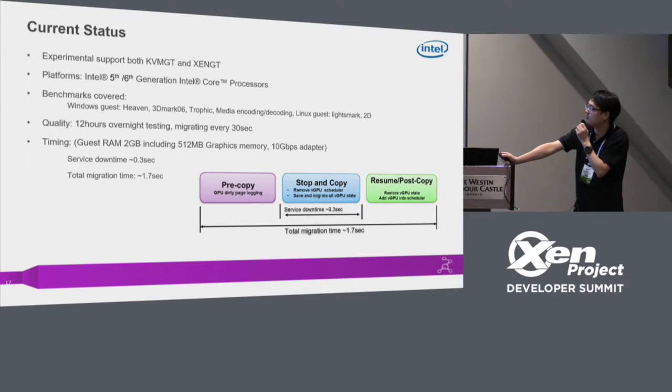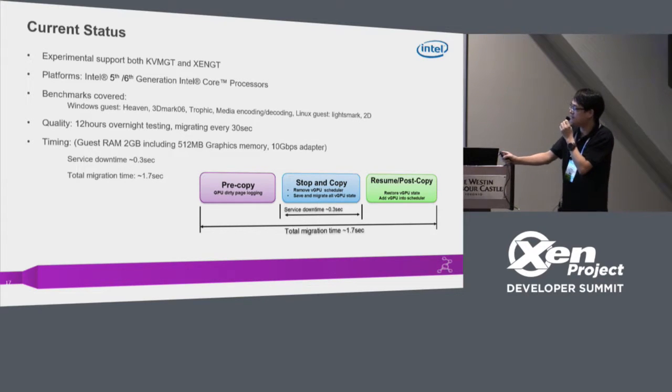Quality-wise, currently we are able to run overnight testing and migrate the same VMs. Currently we can only migrate one VM. For example, there are two identical machines, and we can migrate the same VM back and forth overnight every 30 seconds.